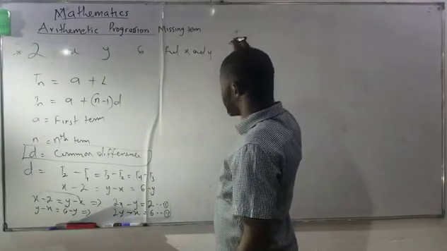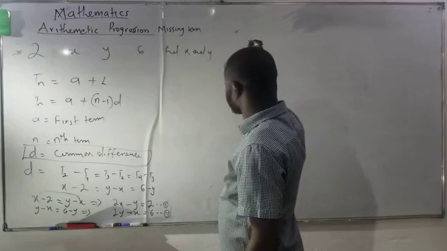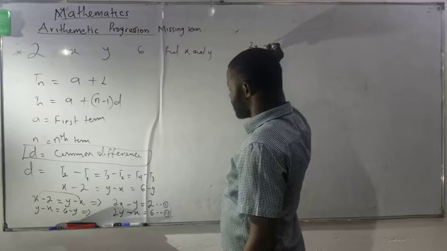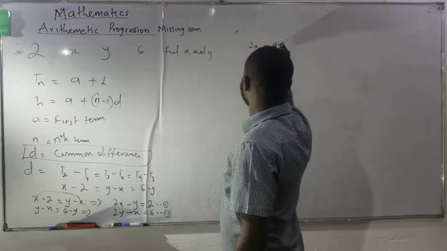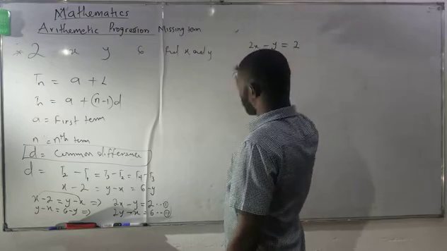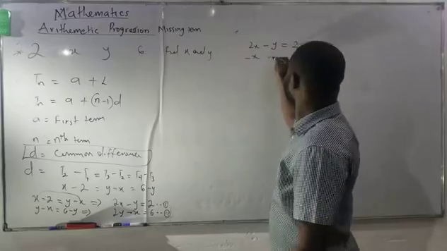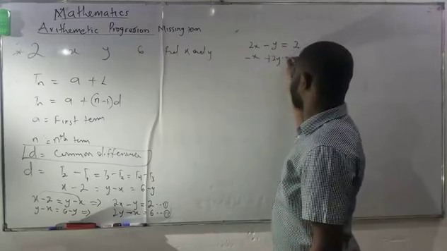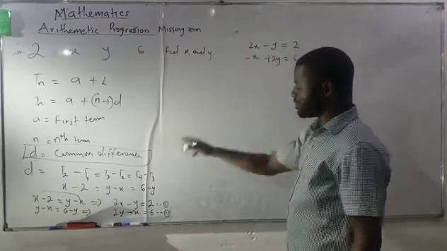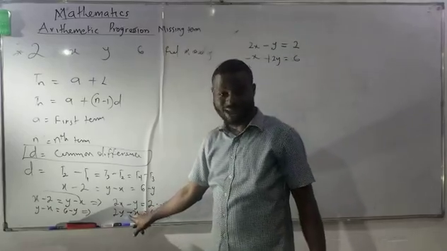Now, from here I can solve whatever I want by using the elimination method. 2x minus y equals 2. I want to rearrange this one: minus x plus 2y equals 6. I have to follow the operation attached to it.